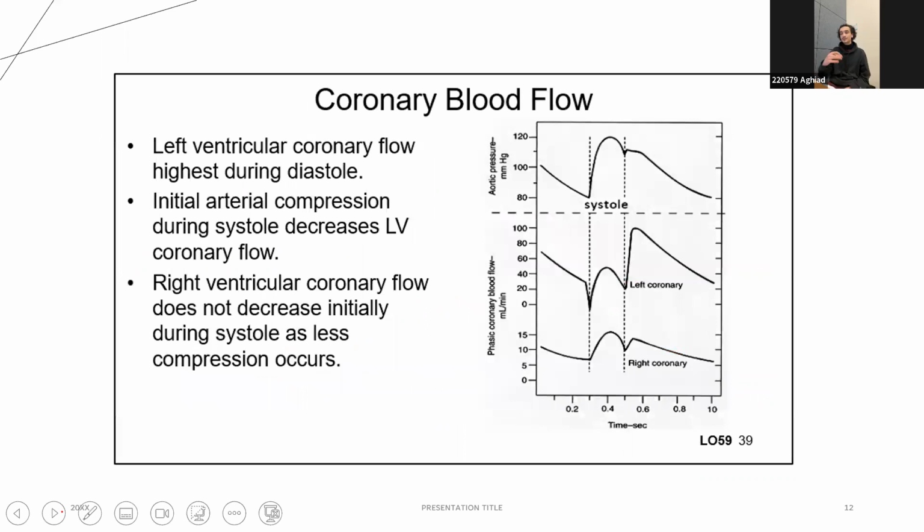Left ventricular coronary flow is highest during diastole. What happens is the heart is pumping and there's slight sympathetic activation of the heart, so it works more and more. Let's just assume you're working out more. That causes increased contraction, and that increased contraction also constricts the vessels a little bit. During that period of constriction there is less blood, and that less blood with the same amount of metabolites signals that we need more blood.